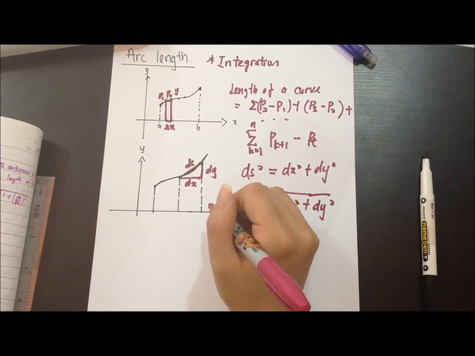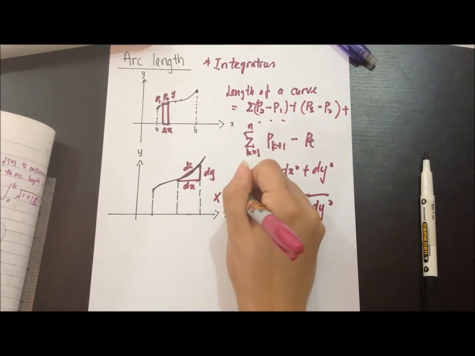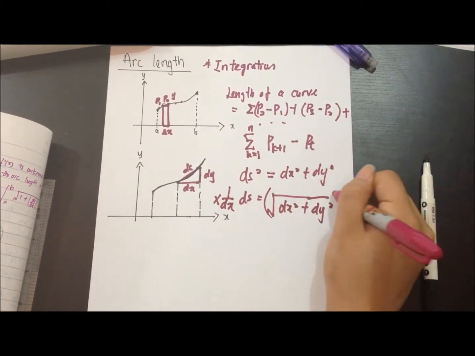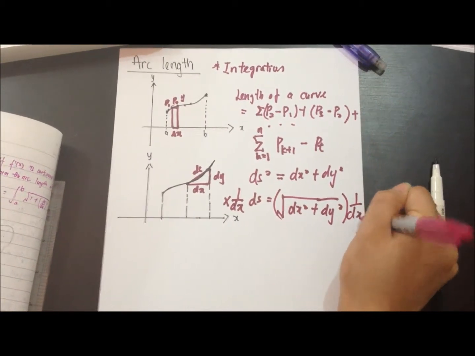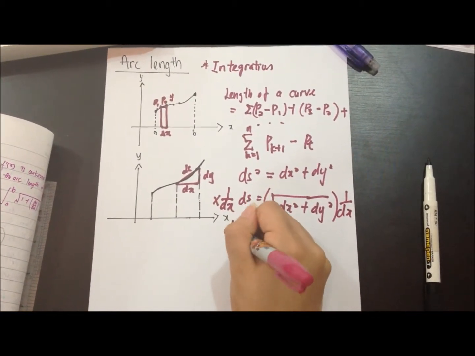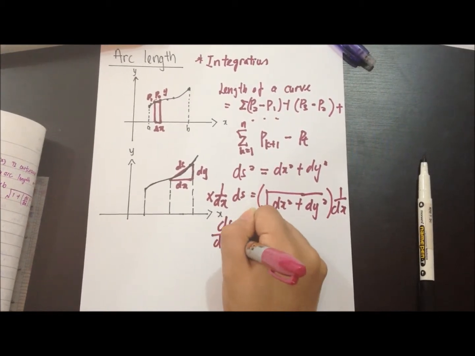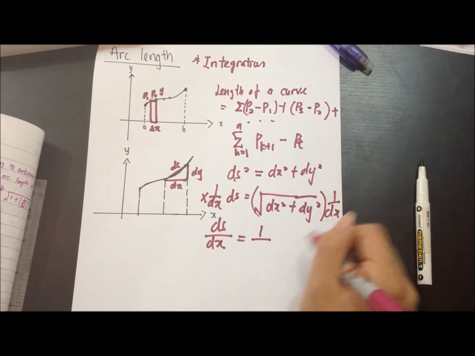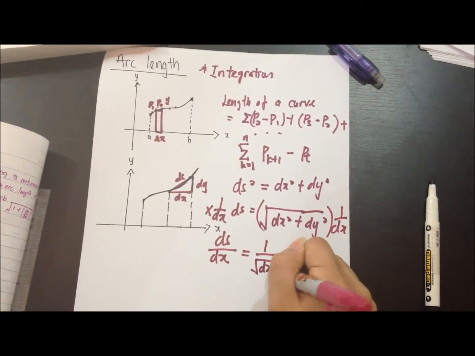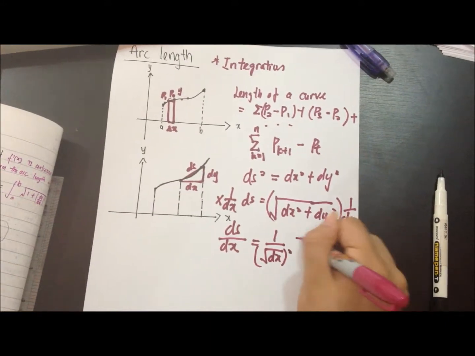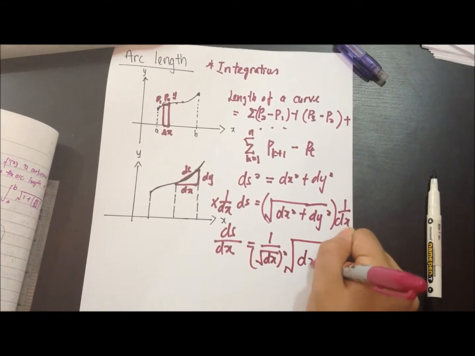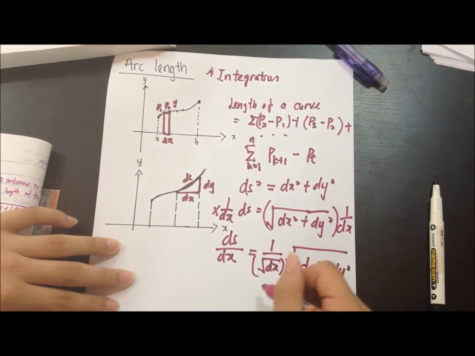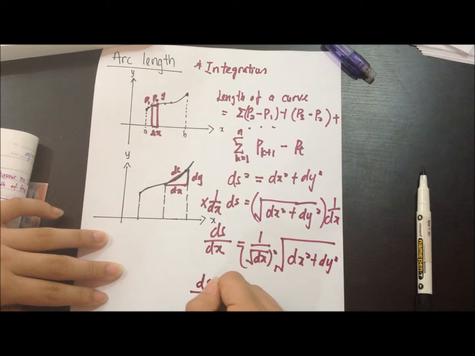After that, we multiply by 1 over dx on both sides. Then here it becomes ds over dx, and here we can let it be the square root of dx squared over dx squared.